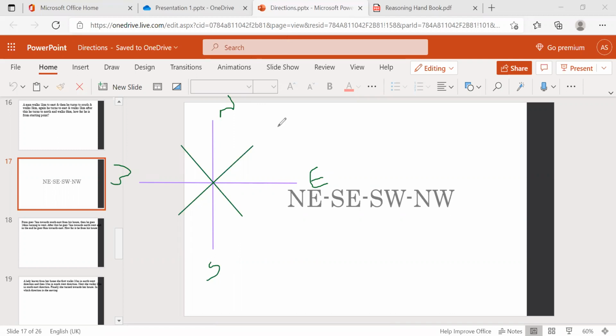Here, this is northeast. Why do we call it northeast and not east north? First we consider the vertical line, then the horizontal line. This is northwest, this is southwest, and this is southeast.